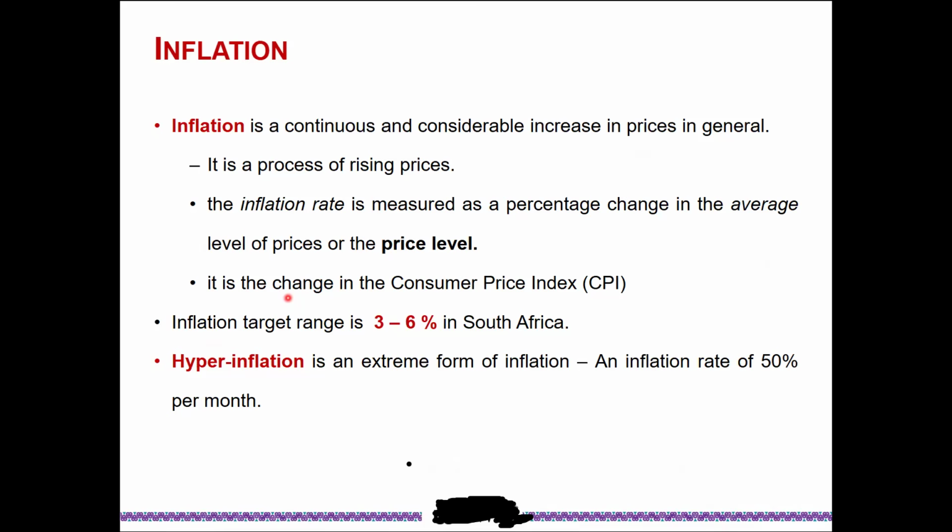The market basket just consists of goods that households usually buy, right? And this is done by Stats SA, Statistics South Africa, to measure the market basket, which consists of the goods that consumers normally buy, right? And if they are measuring the changes in the price of the market basket, they use the consumer price index, right?